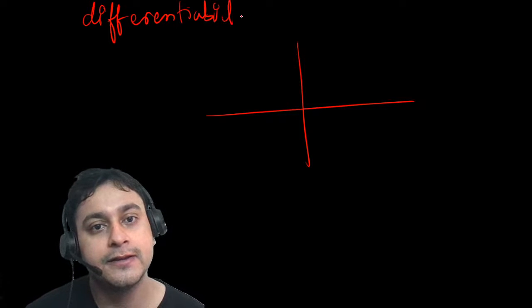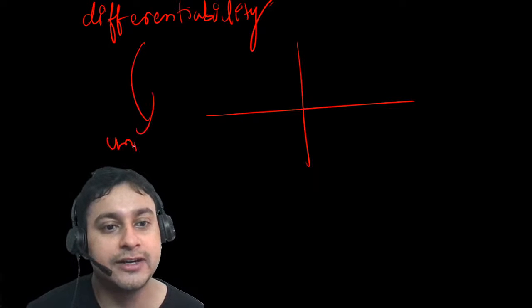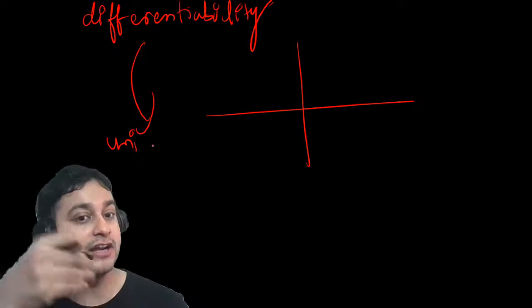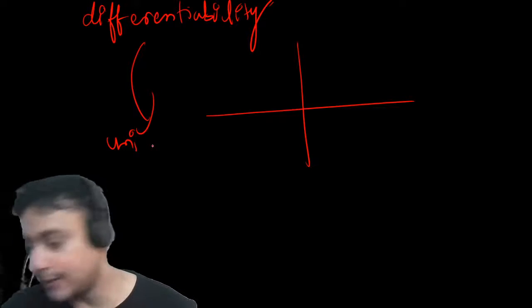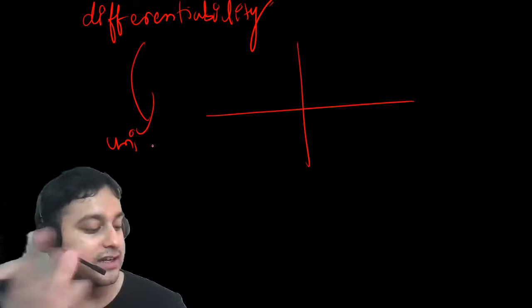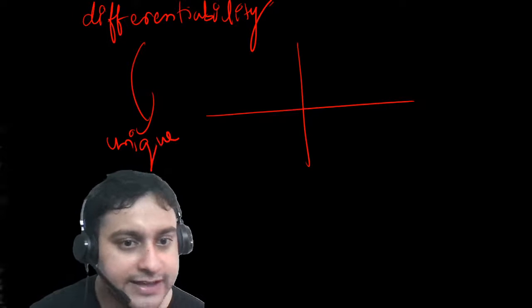Differentiability means unique tangent. I'm trying to convert that no edges or no corner or no sharp point idea into mathematical terms, so I'm saying it is unique tangent. Unique tangent means what?